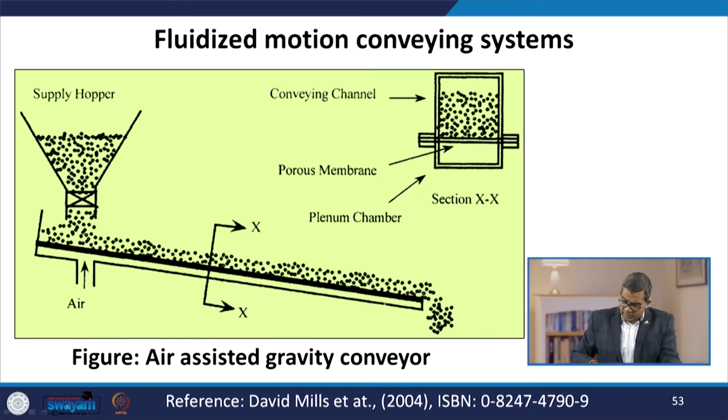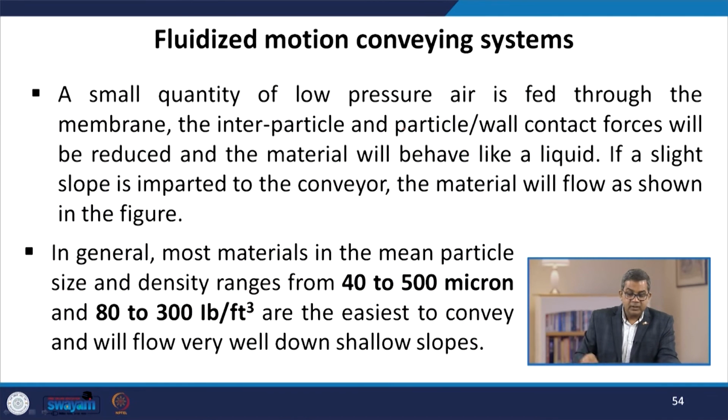Here you see the air assisted gravity conveyor. We have the supply hopper with the air, and here you see in a sectional manner the side view. We have the plenum chamber, the porous membrane is situated here, and this is the conveying channel. A small quantity of low pressure air is fed through this particular membrane.